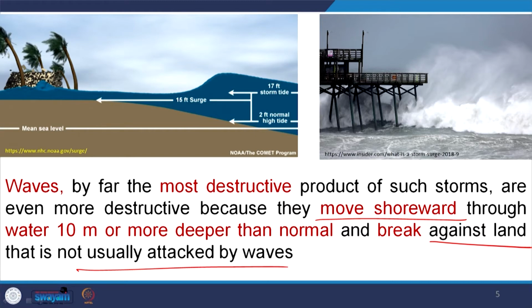is being carried towards the land, and once this tens of meters of water goes towards the land, it creates a breaker zone where water usually cannot reach. So, much further inside the land it is creating the breaker zone, and once the breaker zone is there, the wave breaks apart, creating a high water level, high amplitude waves and low wavelength, and they are the most destructive.